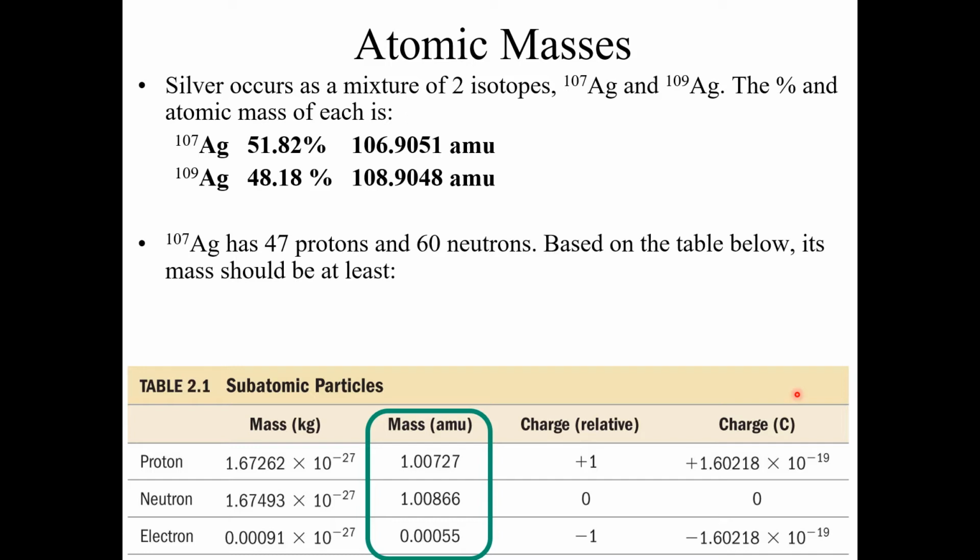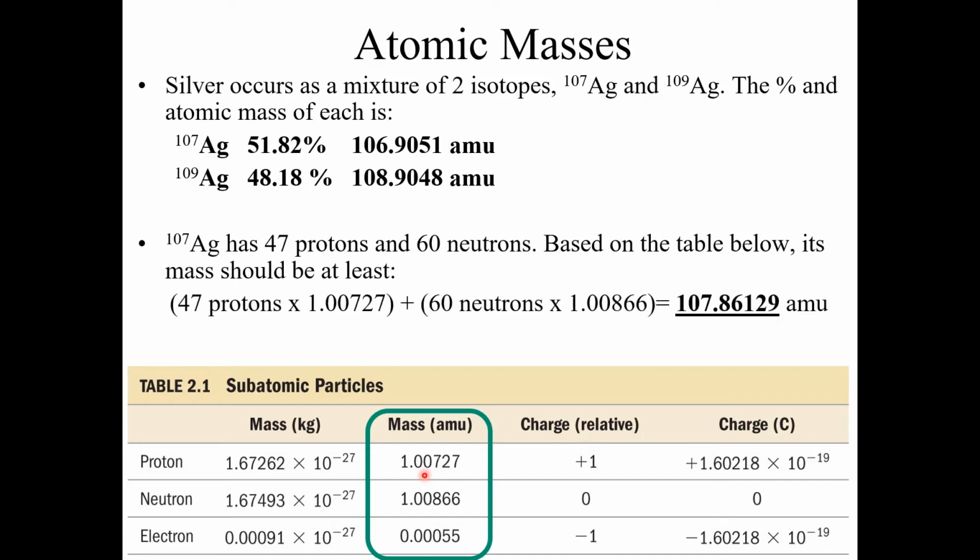Silver 107, atomic number 47, would have 47 protons and 60 neutrons. Now, based on this table here below, based on these numbers here, the mass of a silver 107 atom should be 47 times the mass of a proton plus 60 times the mass of a neutron, and it gives you 107.86129 AMUs.